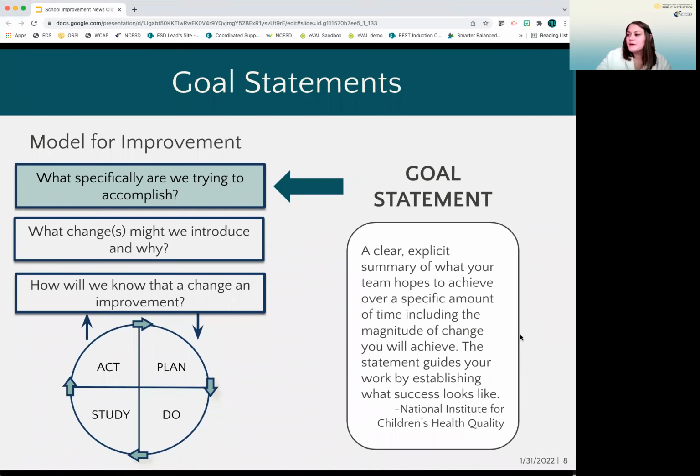Your collective effort begins by collaboratively identifying a clear, specific, and measurable goal that will move your system forward. In improvement science, we begin with setting a goal or an aim that answers the question, what specifically are we trying to accomplish? A good goal statement can help narrow down potential changes that you might introduce, test, and refine in your system using short plan, do, study, act cycles.